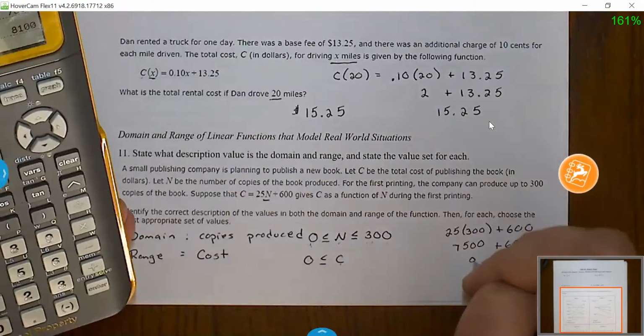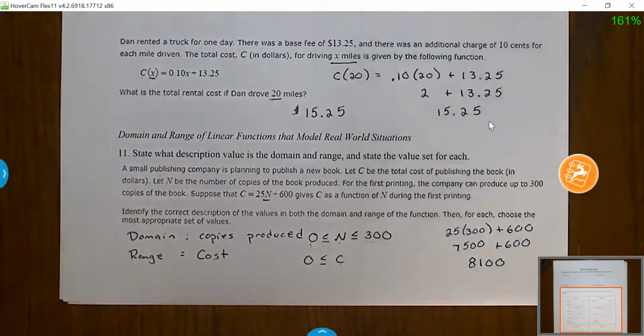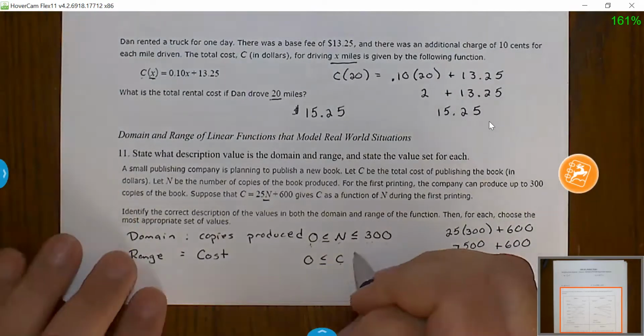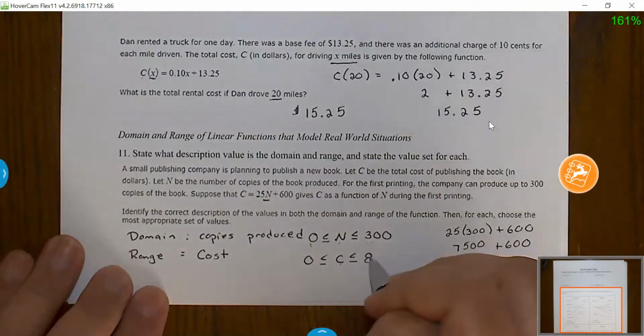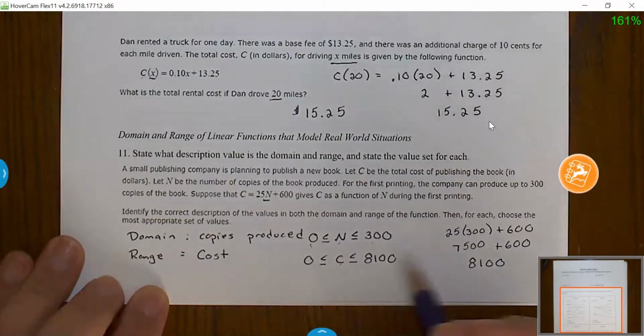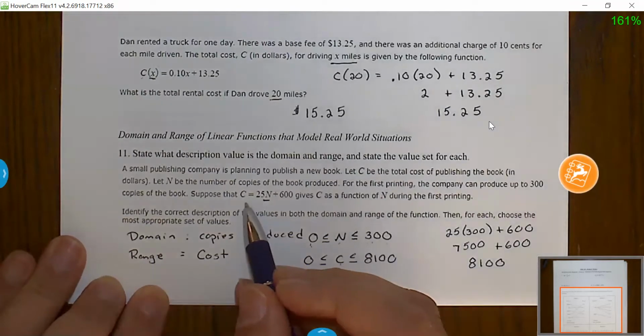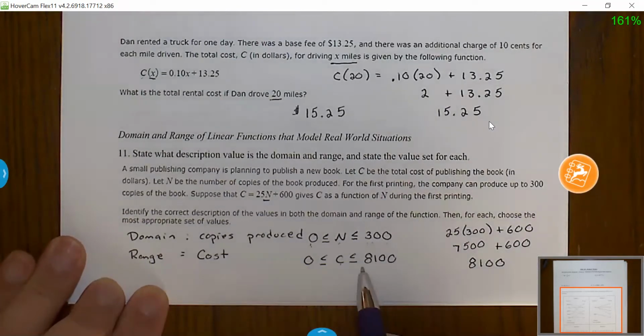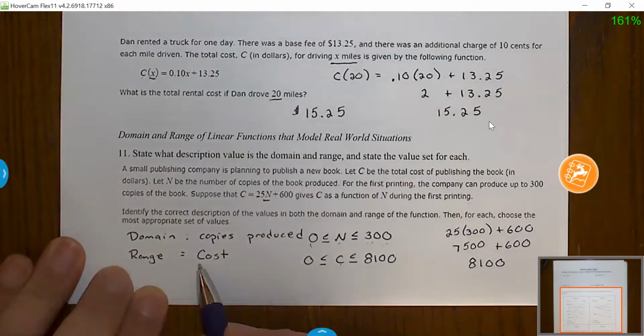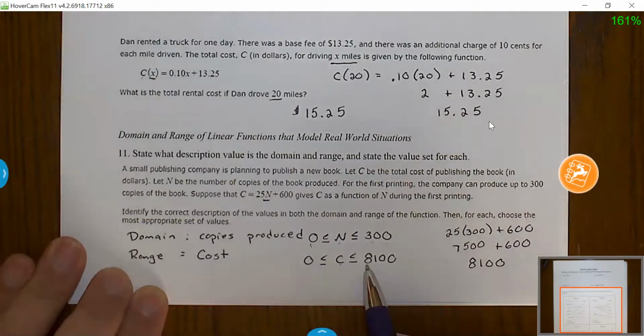You're looking at 8,100. So if the most we can produce is 300 books and it costs $8,100 to produce the 300 books, then our range, which represents the cost, is from 0 to 8,100.